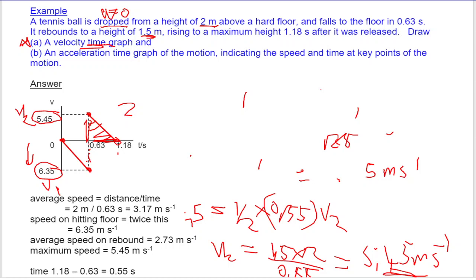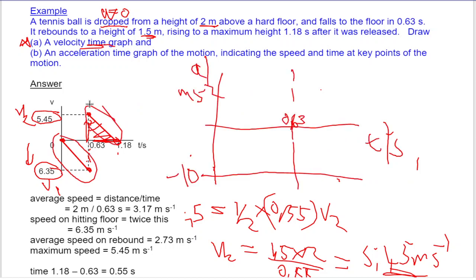So as you can see, the gradient maintains the same sign, because it's still negative after the 0.63. That's why I drew a line through like this. So I think that's the acceleration.